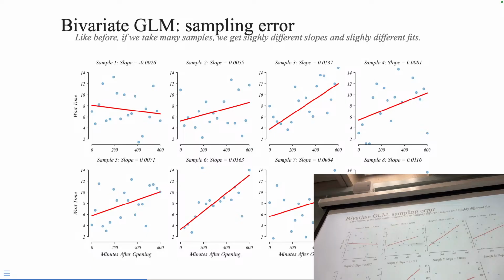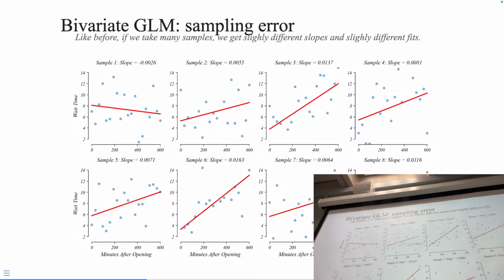Remember, this is fake data. I control the underlying distribution, and I can draw it as many times as I like. Here I have 8 samples. Each one is coming from the same underlying population. And I'm going through with each one and fitting a statistical model to that data.